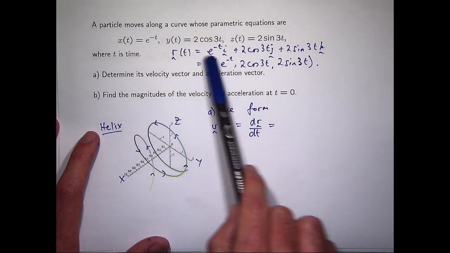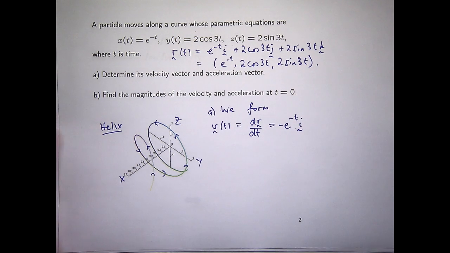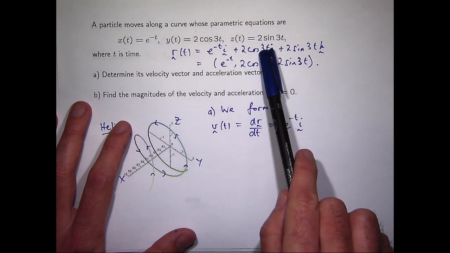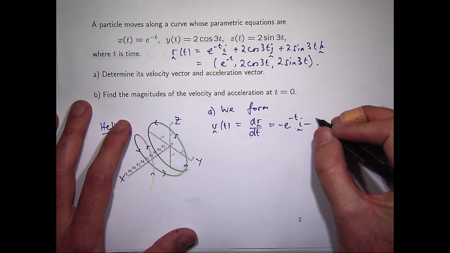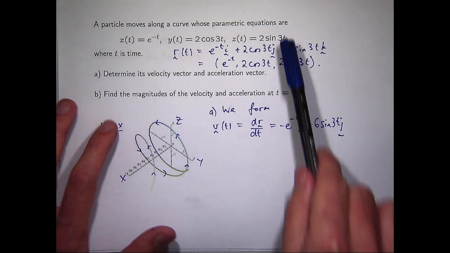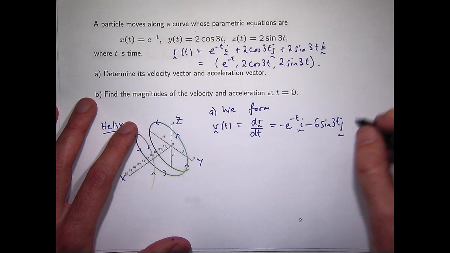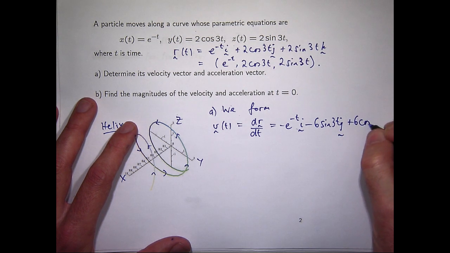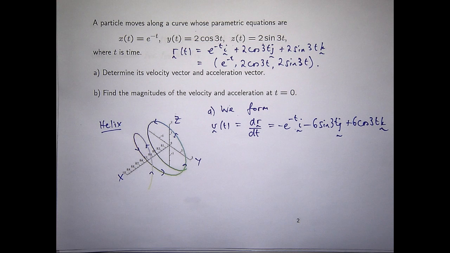What's the derivative of e to the minus t? It'll be minus e to the minus t. Differentiate 2 cosine 3t. Well, cosine's going to go to a minus sine, and that 3 is going to come to the front. And differentiate 2 sine 3t. Well, sine's going to go to cosine, and that 3 is going to come to the front. Okay, so note, that's our velocity vector.